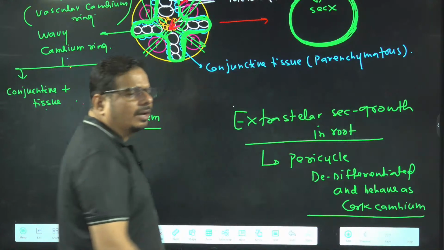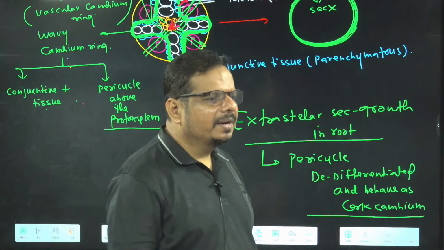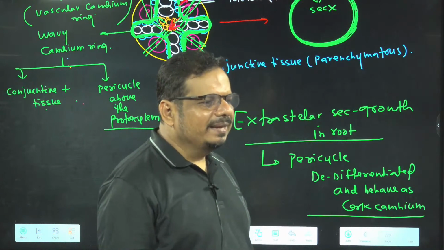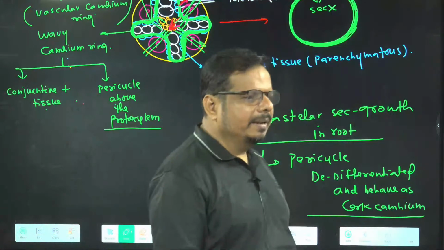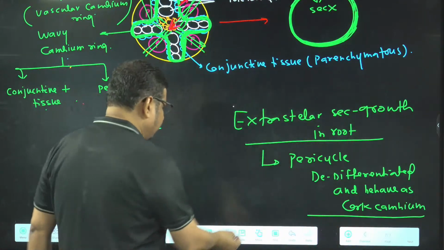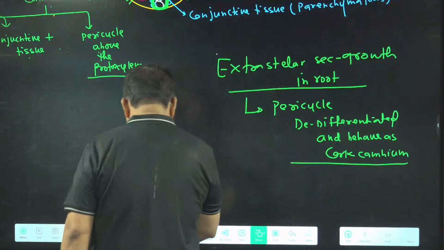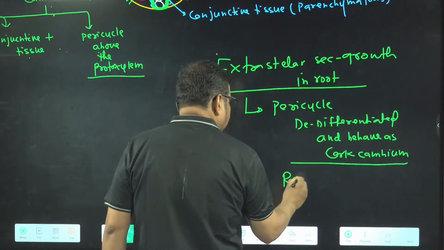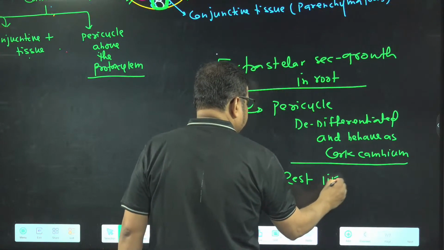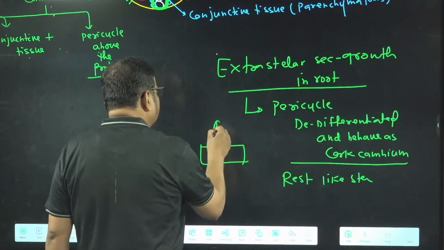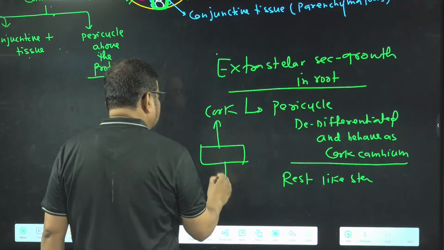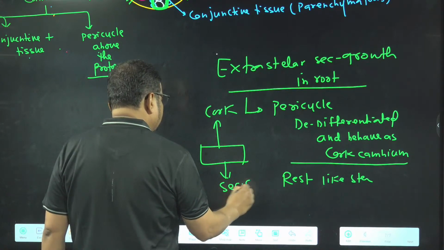So here cork cambium is formed by pericycle. The rest is like a stem. Means cork cambium forms cork toward outside and secondary cortex toward inside.